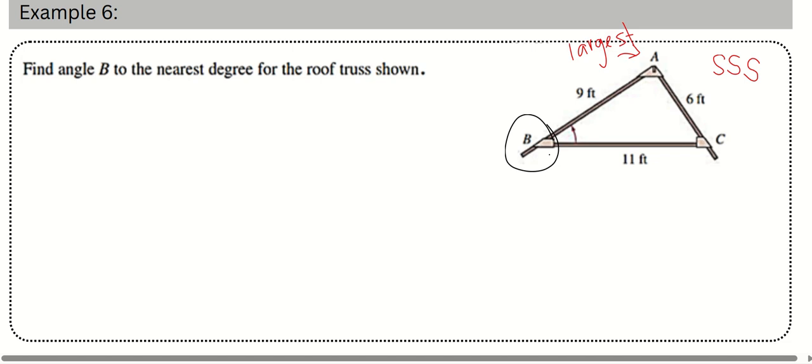So again, you're going to go through the same thing, and it actually turns out that angle B is going to give you 33 degrees. So go ahead, go through the process, and then make sure you're getting 33.